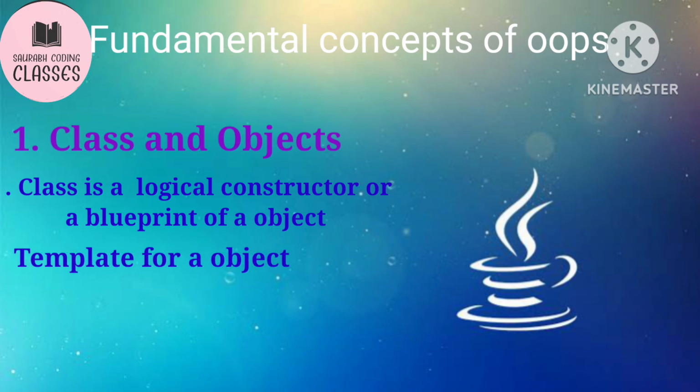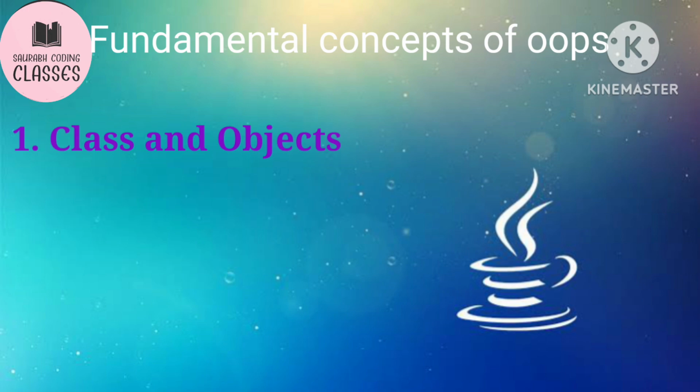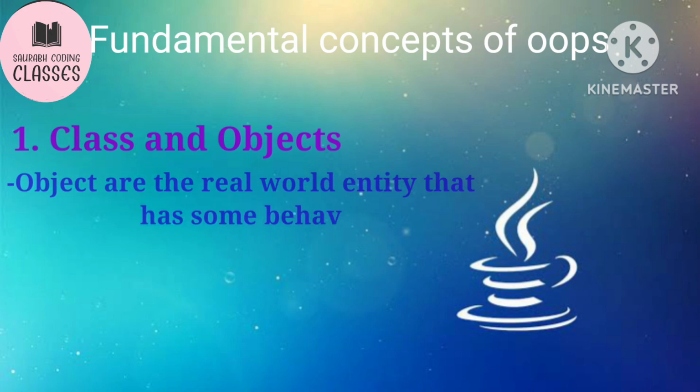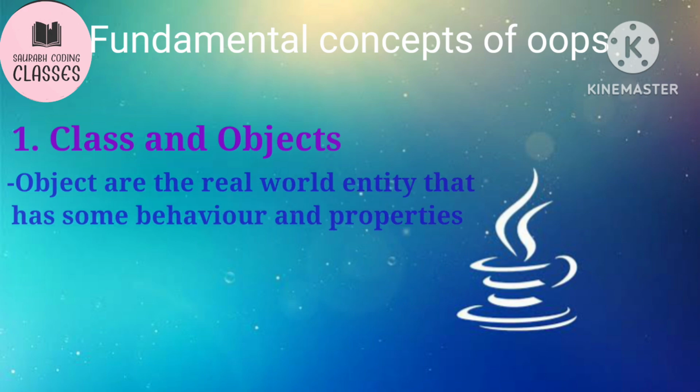All the logic of the object is created inside the class, and the object is just accessing these logics. An object is a real world entity. It has some behaviors and some properties, and these behaviors and properties are defined in the class.